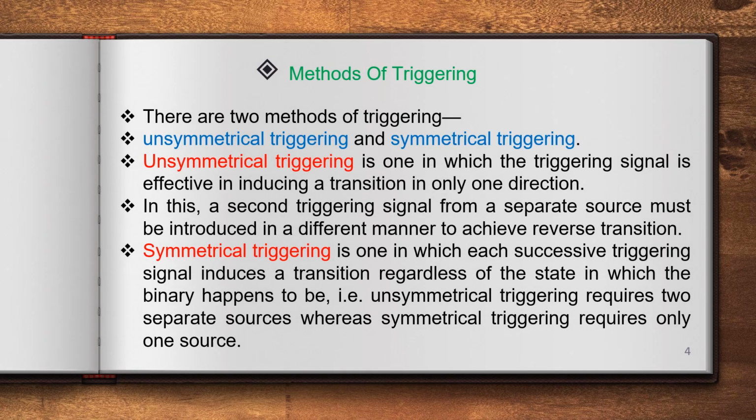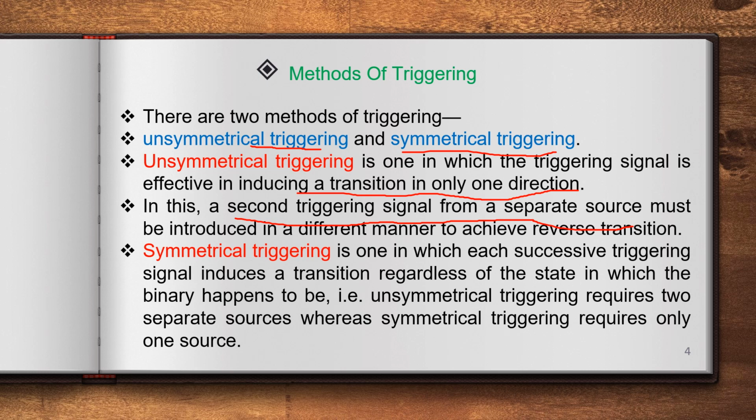Methods of triggering. There are two methods of triggering. One is unsymmetrical triggering. The second one is symmetrical triggering. Unsymmetrical triggering is one in which the triggering signal is effective in inducing a transition in only one direction. In this, a second triggering signal from a separate source must be introduced in a different manner to achieve the reverse transition.